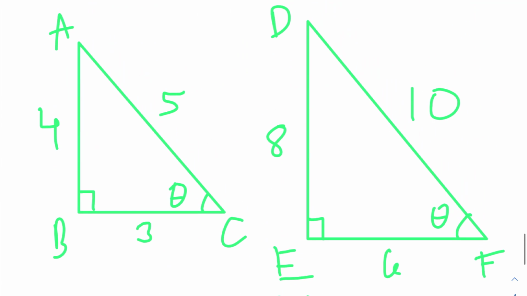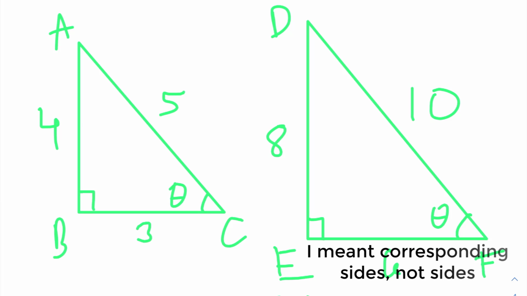So each side of this triangle is double the side length of this triangle, which means that these two triangles are similar. DEF is just a scaled version of ABC. And we know that if two triangles are similar, the ratio of two of their sides will be the same.